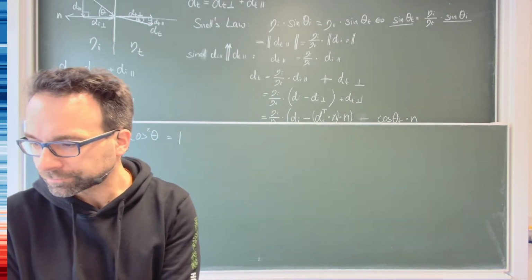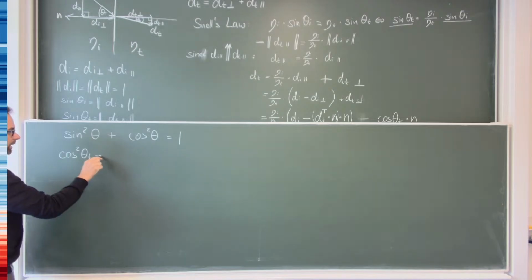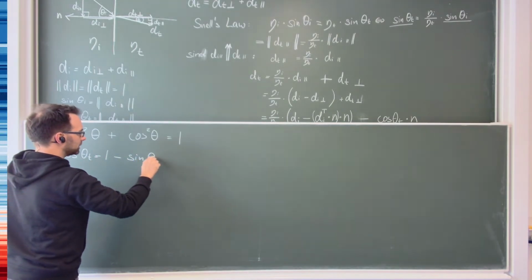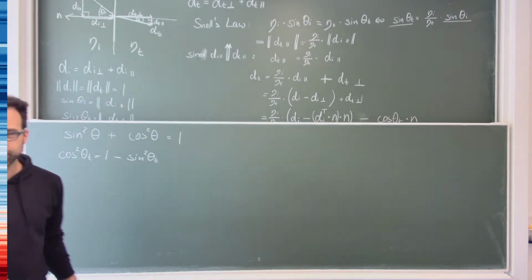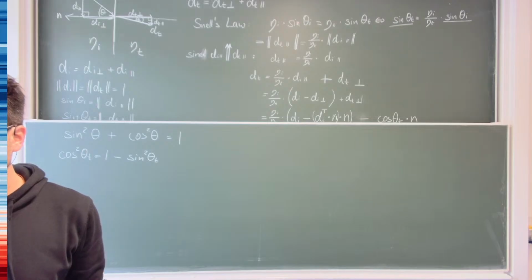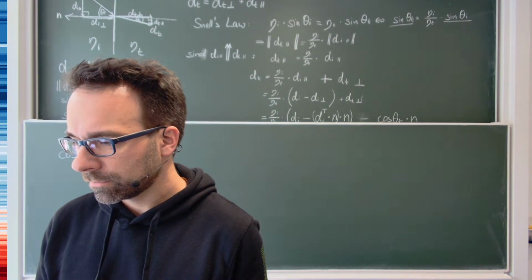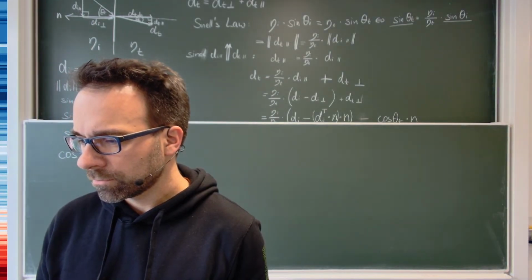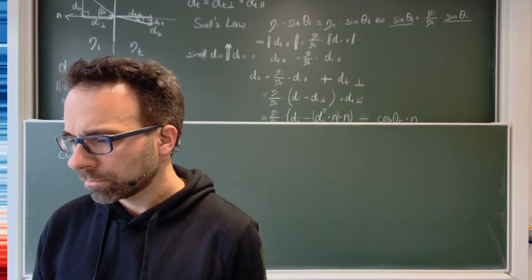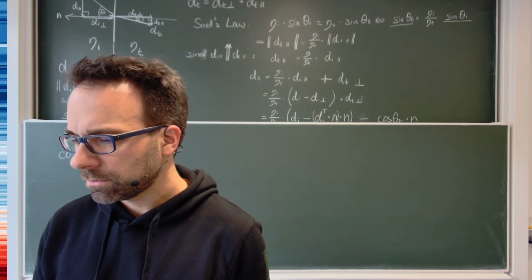So, the cosine squared theta t is 1 minus sine squared theta t, right? Missing a square in my notes.